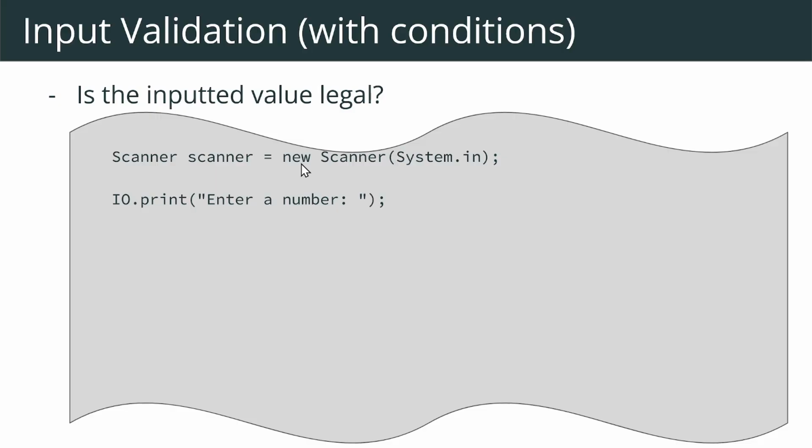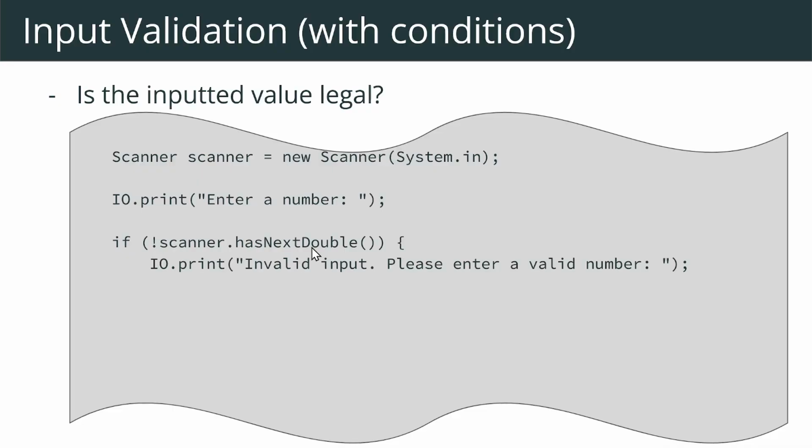You could use if statements to check if it's a number. Like here, this line of code is saying, did the user type in an actual number? That's what it's saying. If they didn't type in an actual number, then maybe the program will branch off into an error message. The error message says, hey, try again. That's not a valid number.